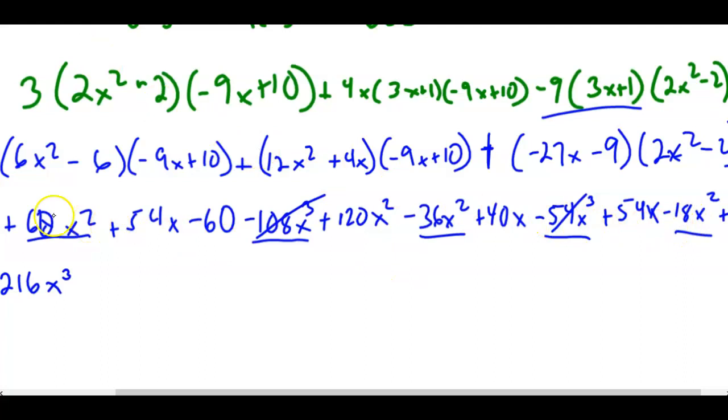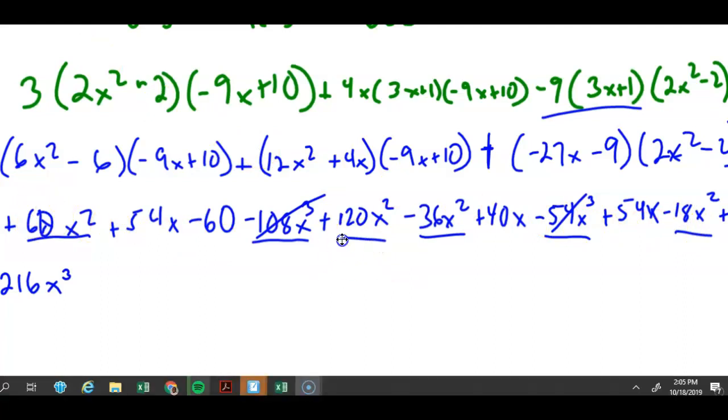Alright, 60 and 120 is 180, right? And then 180 minus 36. Alright, so we end up with a positive 126x squared. And then I'm done with those x squareds.